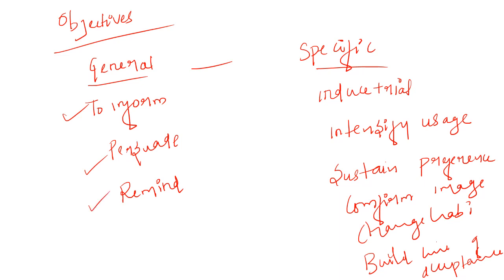To inform means it is done to build primary demand and inform about new product availability, for example SBI, State Bank of India. To persuade, the objective is to build demand for a particular brand, for example Vodafone.